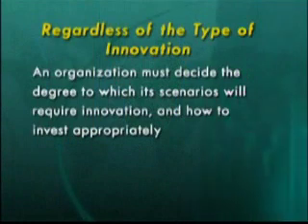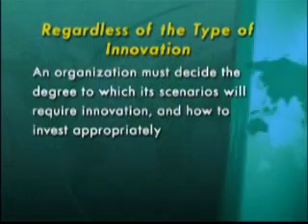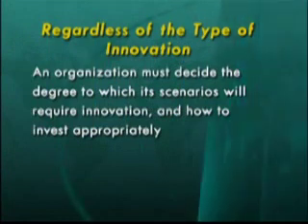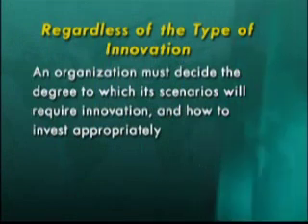Regardless of the type of innovation, an organization must decide the degree to which scenarios require innovation and how to invest appropriately. 2 other balance points are closely related: the change from using intuition to using analytics and big data.